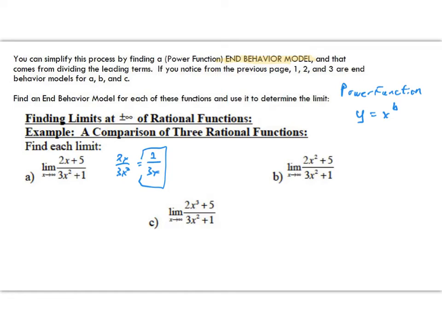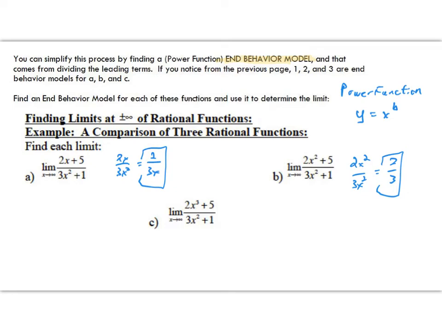So the end behavior is going to come from taking 2x squared over 3x squared, and again, when we reduce all the way down, we get 2/3. So my end behavior model is 2/3, and not surprisingly, that too is our horizontal asymptote if we use those guidelines. So this power function end behavior model is going to be just another vehicle for you to get to the horizontal asymptotes quickly.